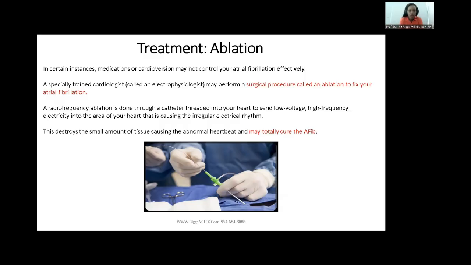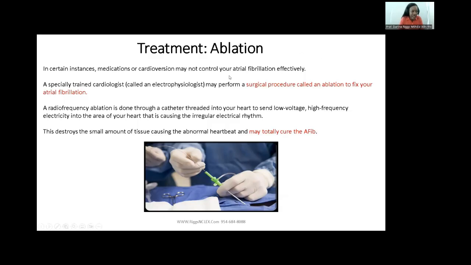So you know how we do the outside external defibrillation? Ablation is internal. This is a surgical procedure called ablation, where the physician or the surgeon goes internally to provide a low voltage right in the area to fix that atrial fibrillation.